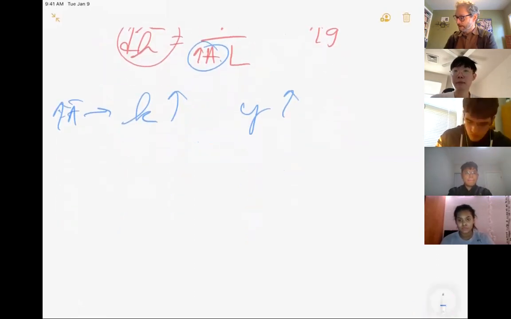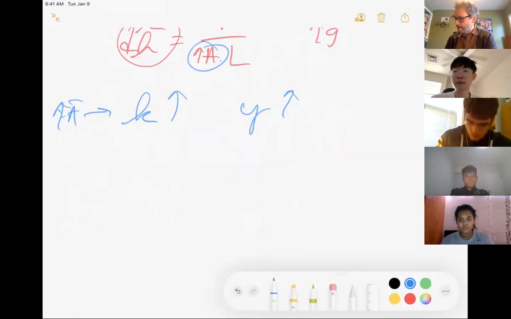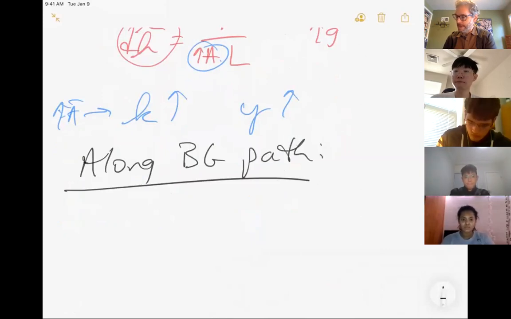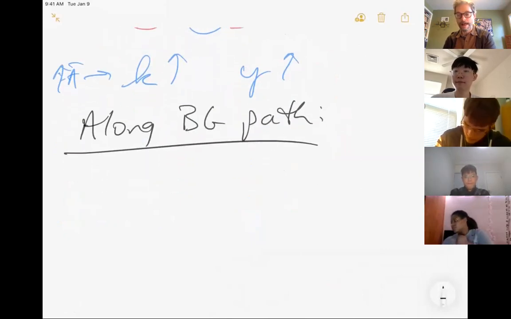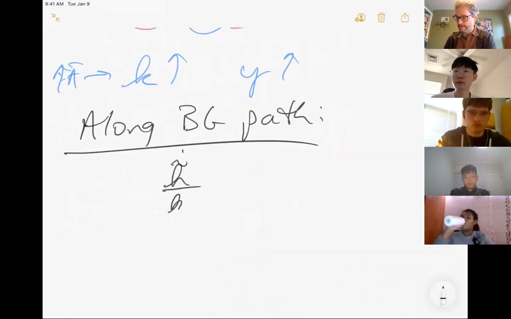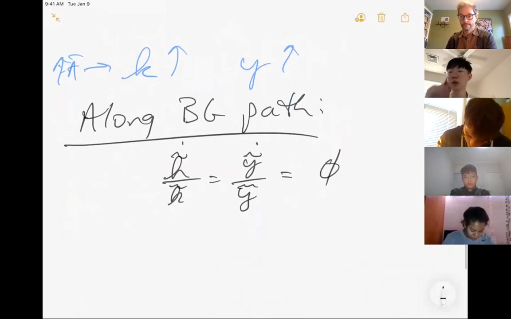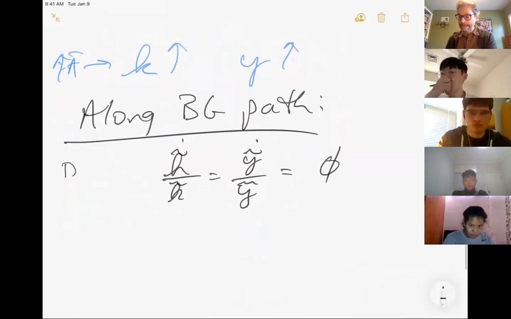So, as I said yesterday, one thing to kind of keep this straight is just to remember that along the balanced growth path, all of these variables are growing at different rates. The tilde variables are not growing, they're stationary. But remember, we don't really care about this.